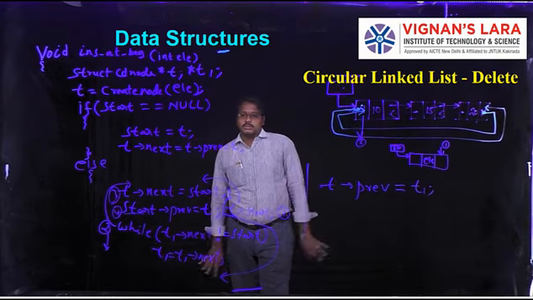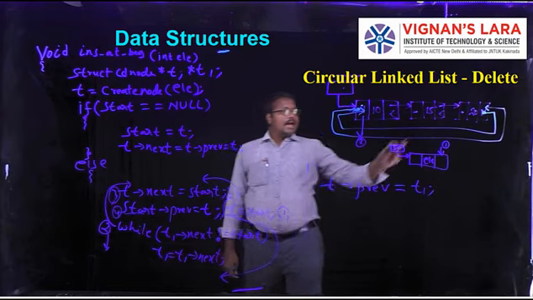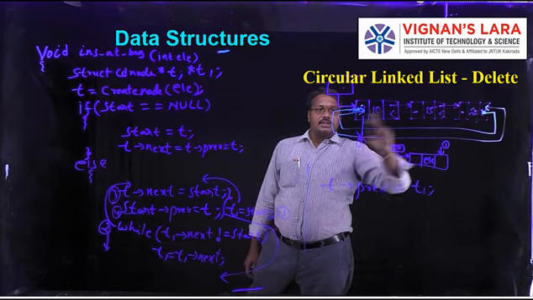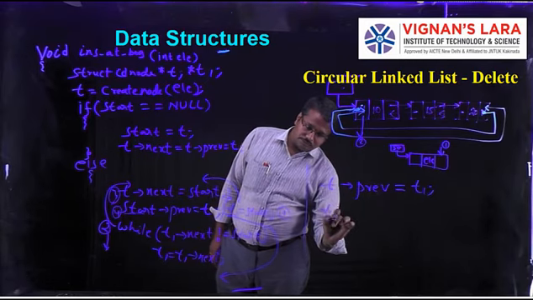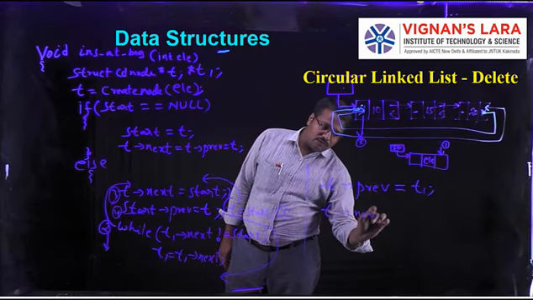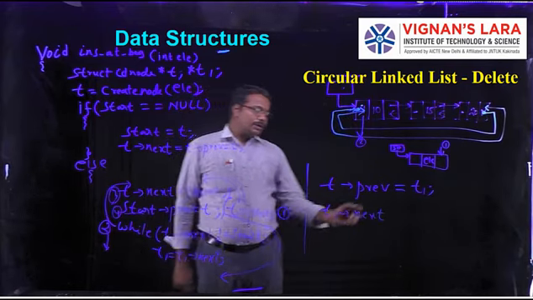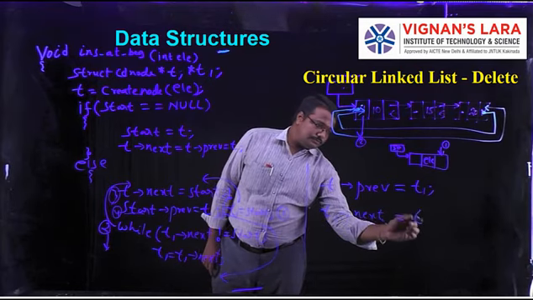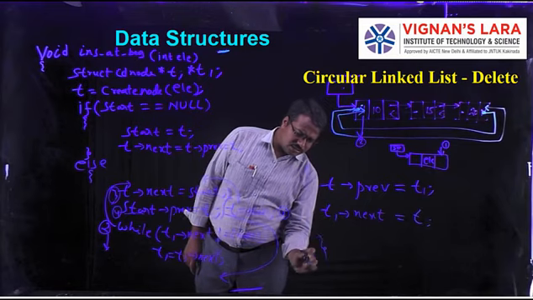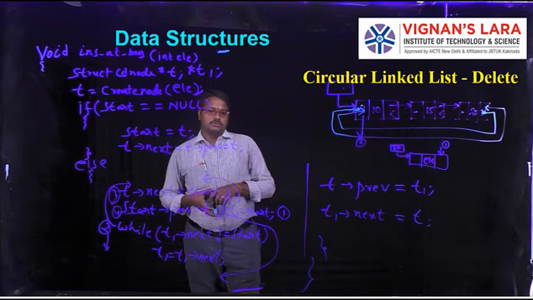Third pointer also changed. The fourth pointer: the last node's next field consists of the starting node address. Right now the last node address is T1, so T1 of next is equal to the start node address. The start node address is T. Else closed. Main function is also closed.